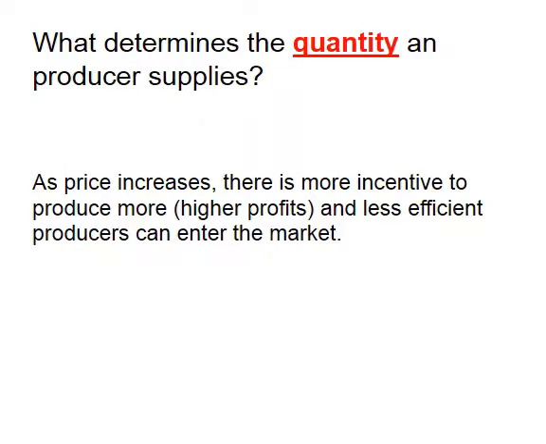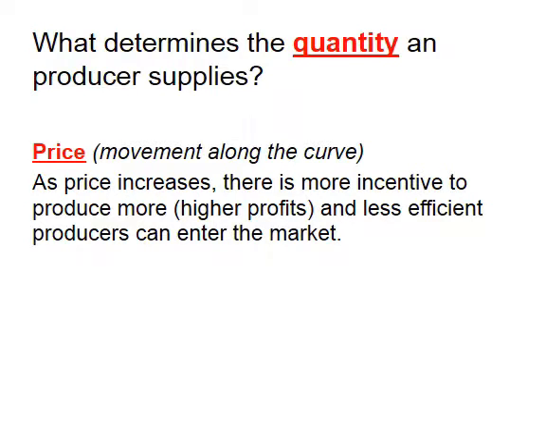As you use more and more of the scarce resources to produce a good, so you're increasing your quantity supplied, the opportunity cost also increases because you're using resources that might not be allocated towards as efficient production, and goods that you might be using for inputs are becoming scarcer, so they're becoming more expensive. So when price changes, we move along the curve.